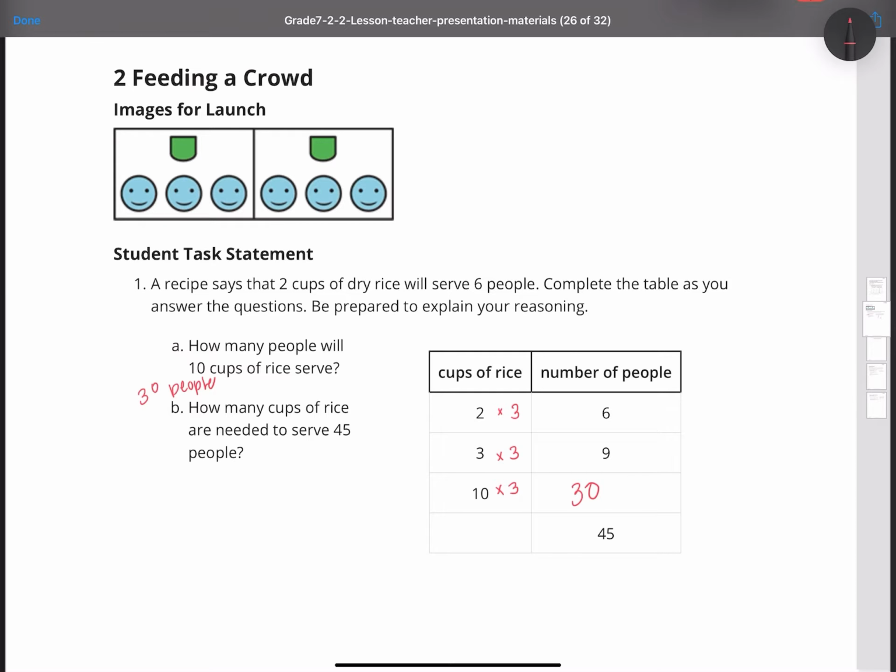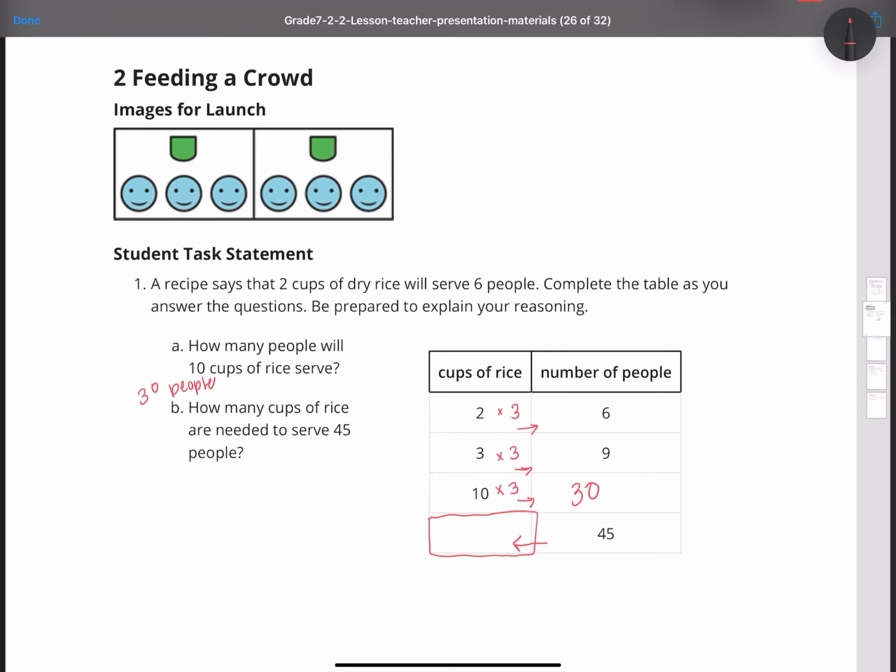So part B says, how many cups of rice are needed to serve 45 people? Well, I noticed that this is missing. If 3 is being multiplied going this way, what would we have to do with that 3 going the other way to figure out the amount of cups of rice?